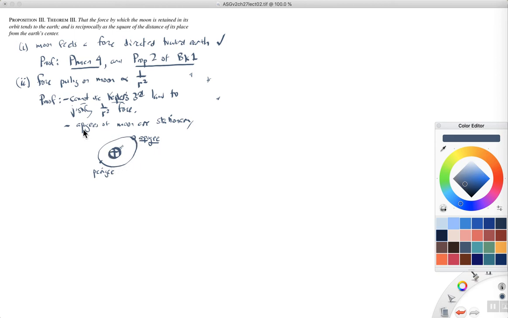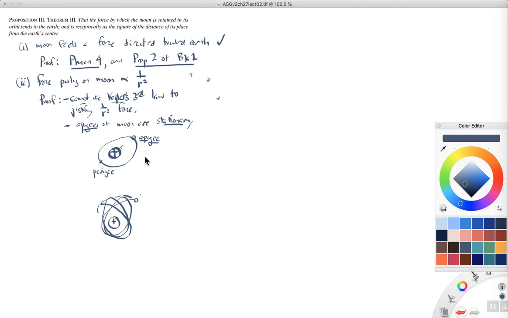So the apogee is stationary, as opposed to a precessing apogee, which would be if its apogee happens at one point here, and then a month later the apogee is happening over here, and then a month later over here, and a month later over here. That would be a precession of the apogees.